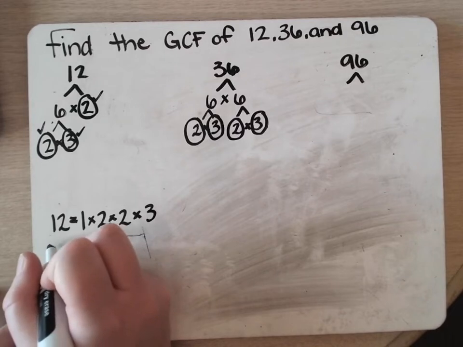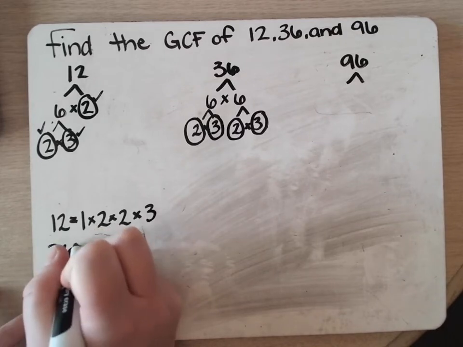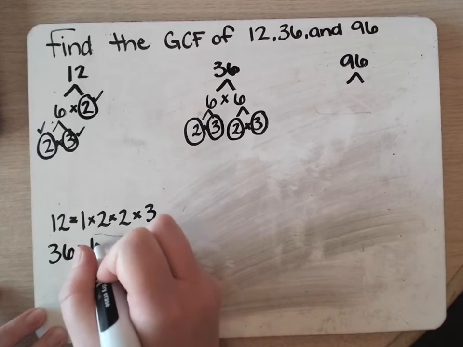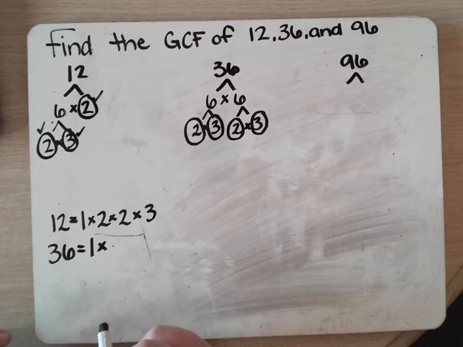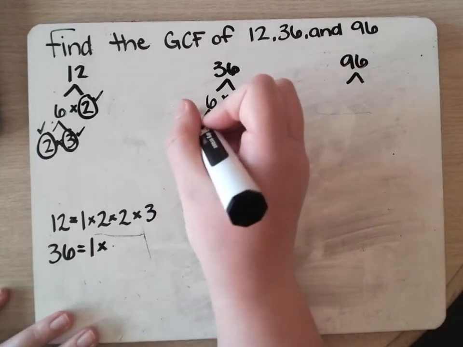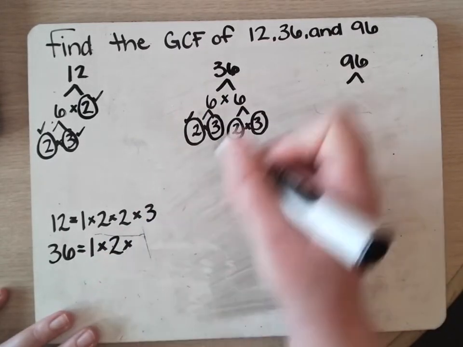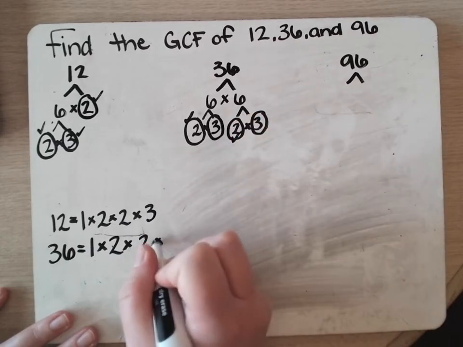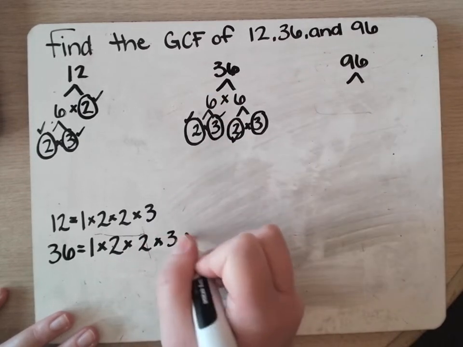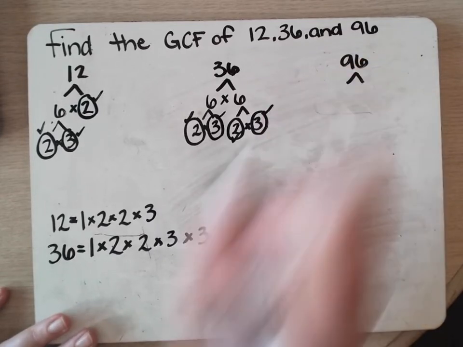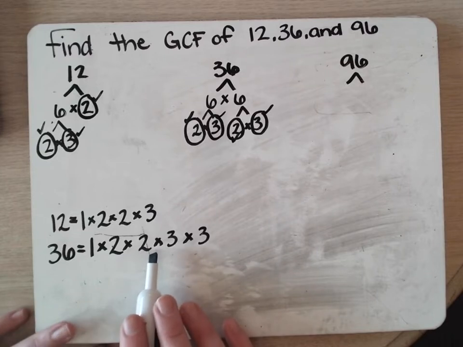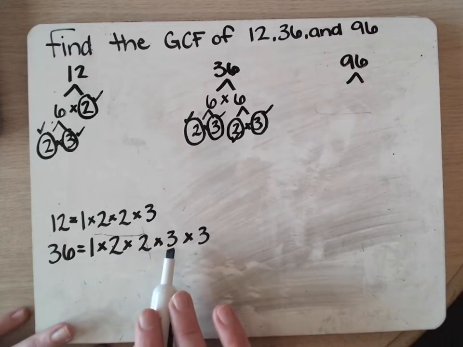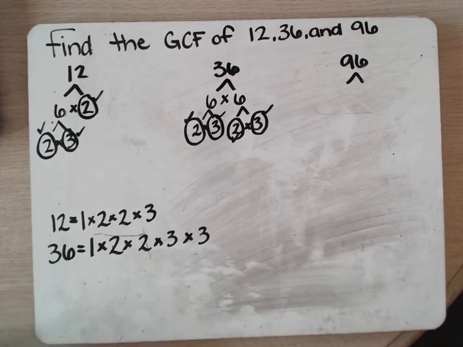Now I can write my list. 36 equals 1 because it's always a factor of every number, times, again, I'm going to go from least to greatest, 1 times 2 times 2 times 3 times 3. Now do a quick check. 1 times 2 is 2, 2 times 2 is 4, 4 times 3 is 12, and 12 times 3 is 36. So that's how I know this list is correct.